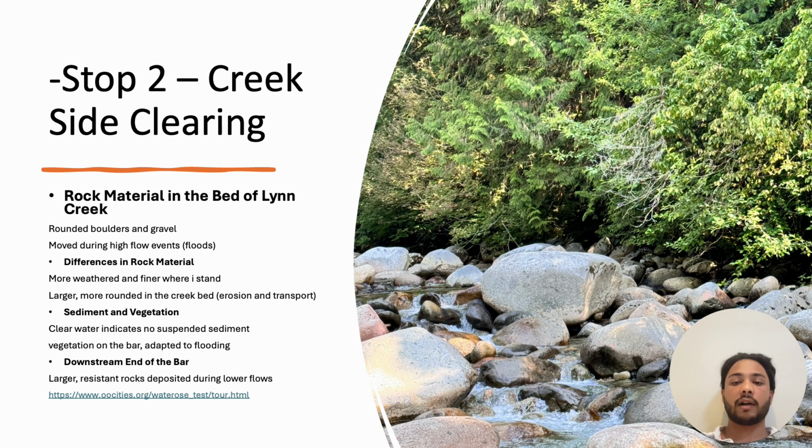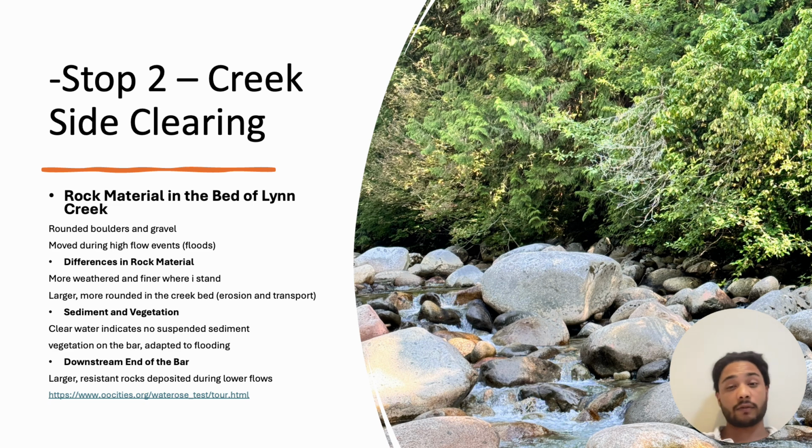The clarity of water indicates that Lynn Creek is not carrying suspended sediments. However, it does during heavy rains or rapid snowmelt. The vegetation in this area of the creek is adapted to flooding, indicating frequent exposure to the water flow.